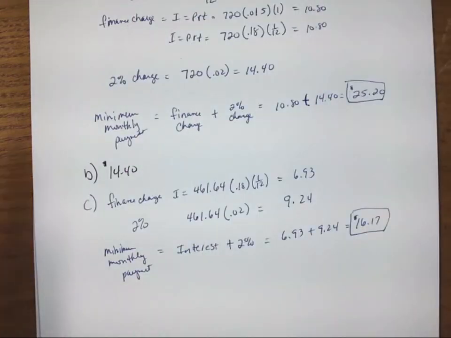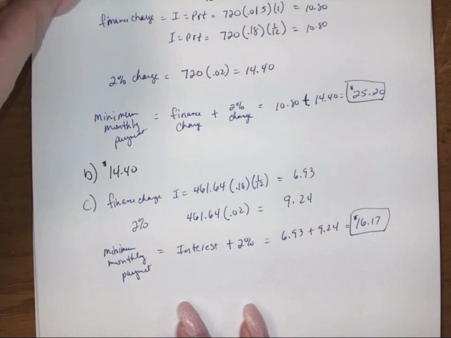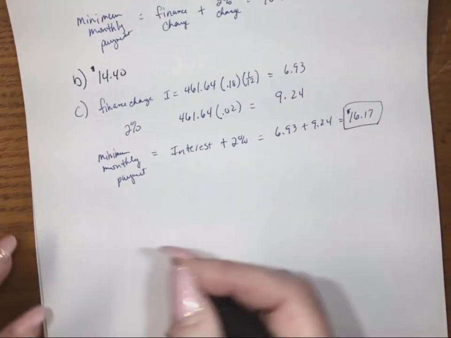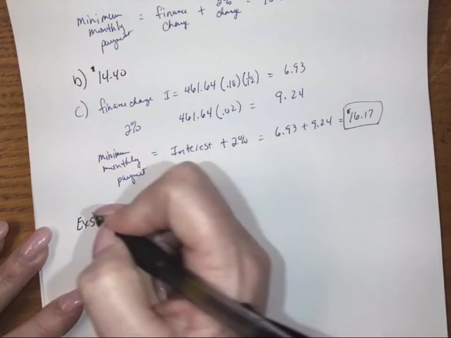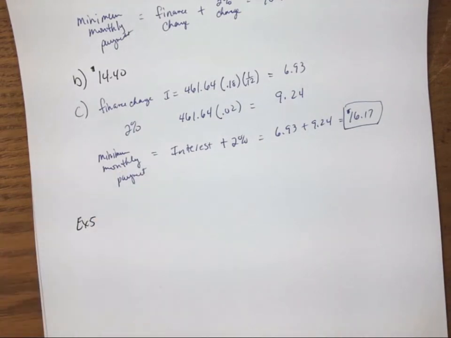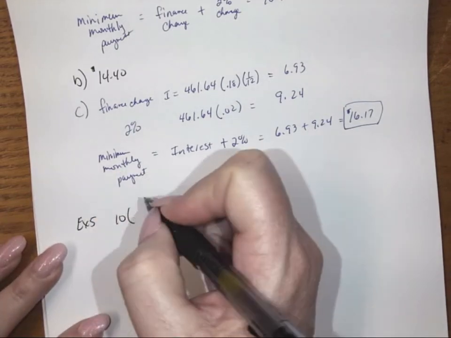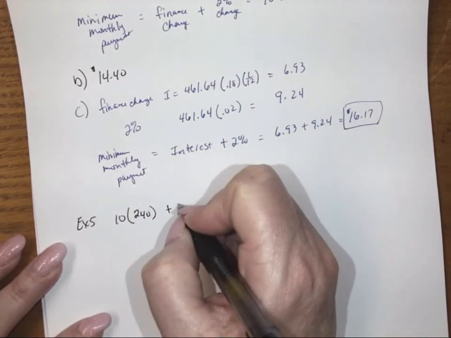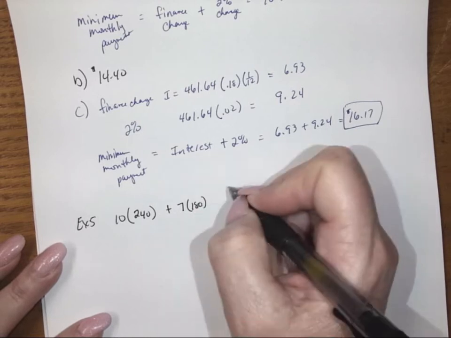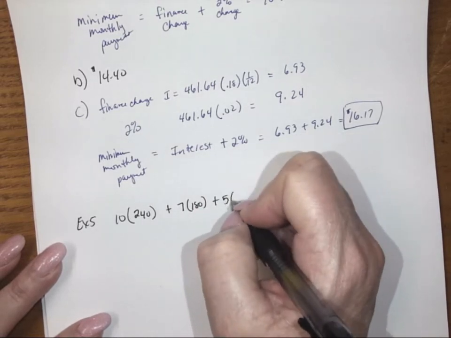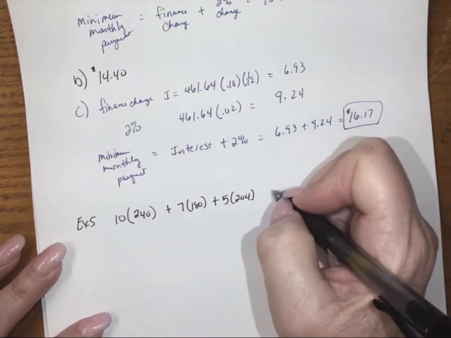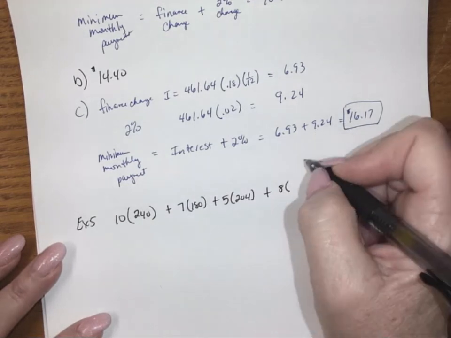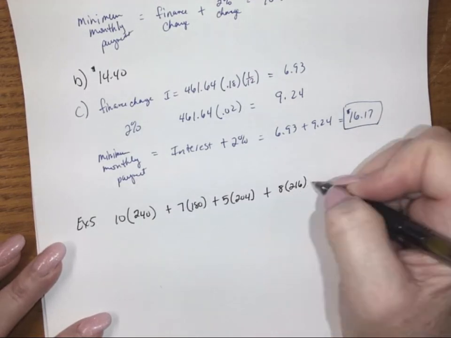So I'm going to write part of this out for you so that you can see what we are looking at. So this will be example 5, and we're doing the average daily balance. We had 10 days where the balance was 240, plus 7 days where it was 180, plus 5 days at 204, plus 8 days at 216.